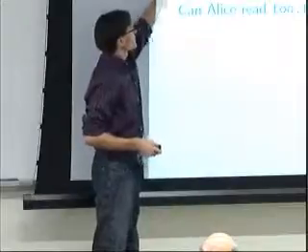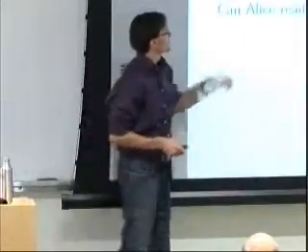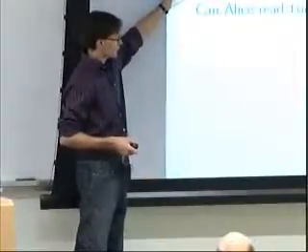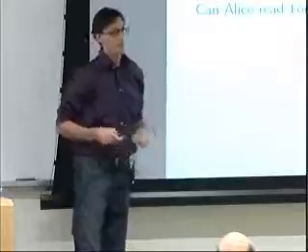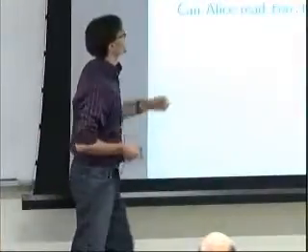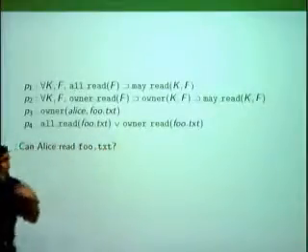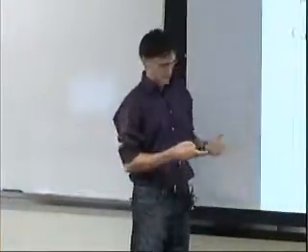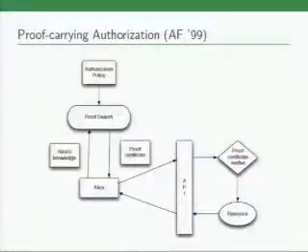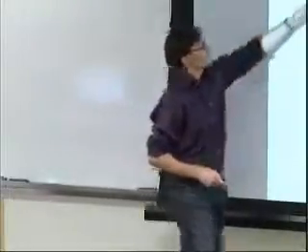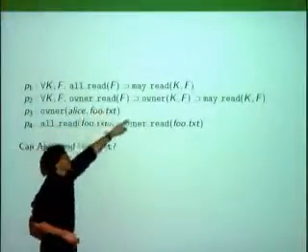Then you have facts like Alice is the owner of foo.txt, and then we might have some other statement, either proved or in some kind of proof database, that foo.txt is either all read or owner read. So say we have a simple file system, all files are either owner read or all read. And then the question we want to ask is, can Alice read foo.txt? Clearly from this policy, she should be able to read it, because she owns foo.txt, and if she's the owner, she's able to read it.